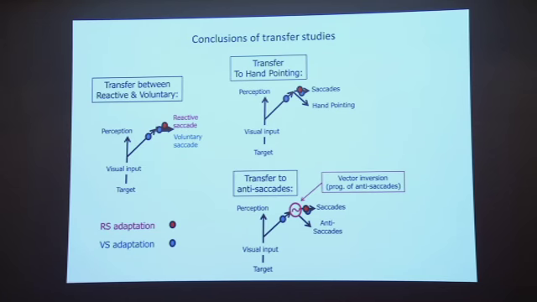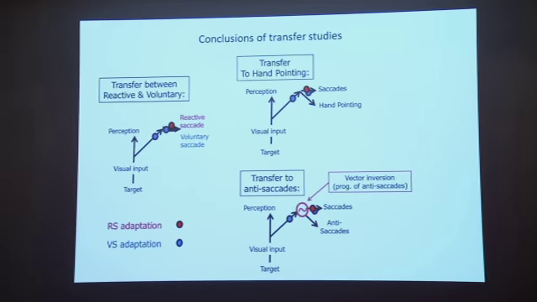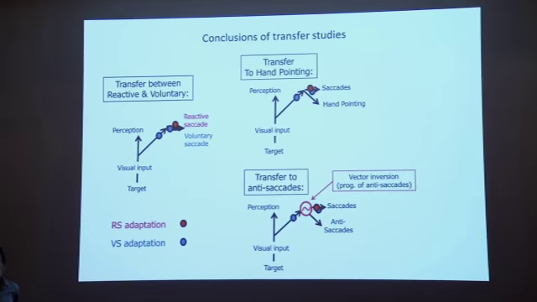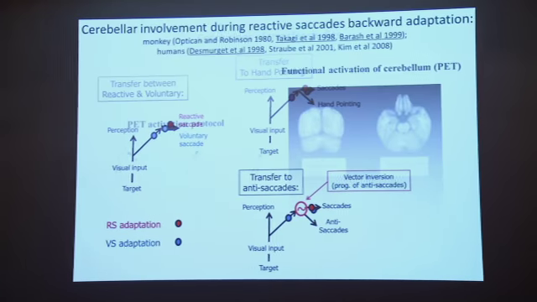But for voluntary saccade, it seems that in each case we have two sites, one which is close to the sites involved for reactive saccade adaptation, and the one which is more upstream. So I will base the rest of my talk on these results, and explain the hypothesis.